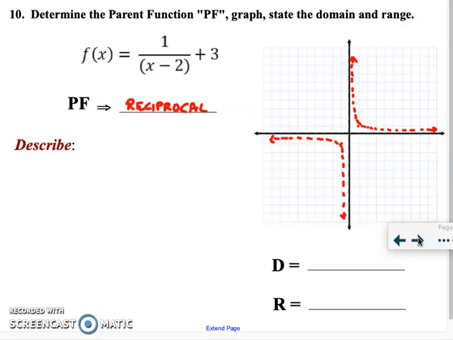But we know by description that we're going to be adjusting. So when I look at that -2 that's occurring inside the parentheses, that tells us that we're going to be moving to the right 2 units. When I see this +3 that's happening outside of the function, away from the function, that tells us that we're going to be moving up 3.